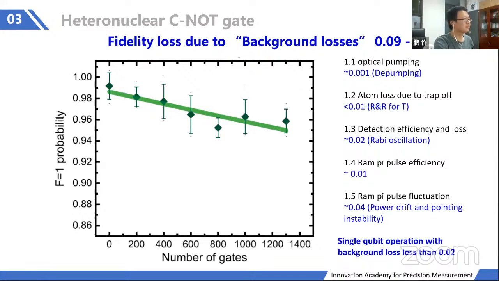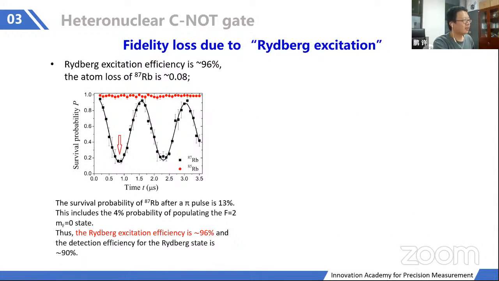It's less than 2%. And also there's another fidelity loss due to Rydberg excitation. We can see from this figure, this peak is not down to 0, and the atom loss is about 8%.